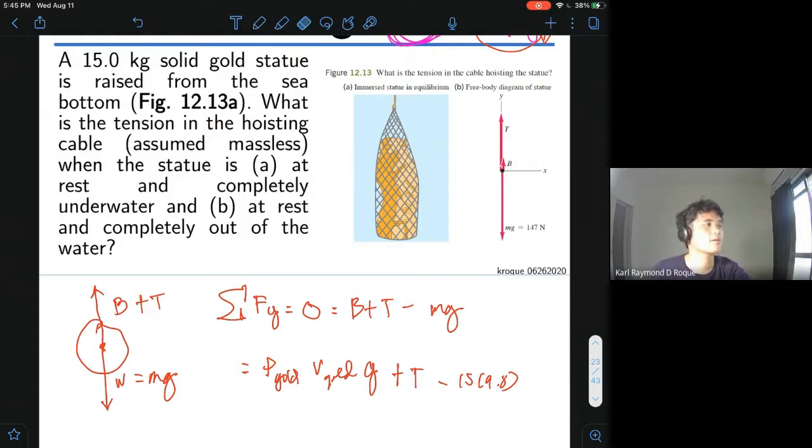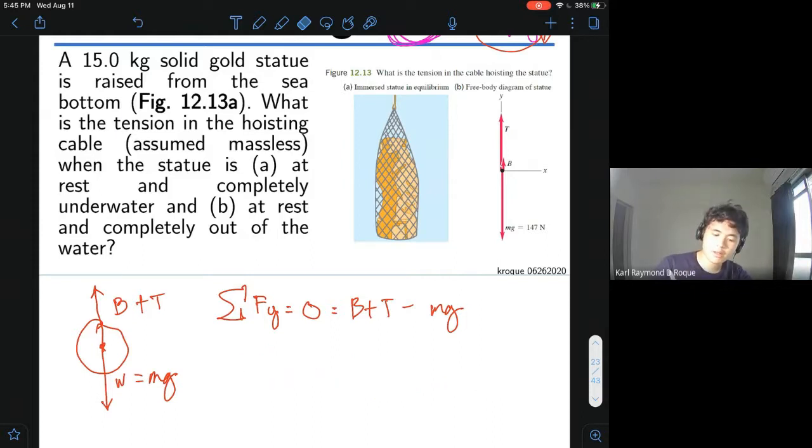Oops, may mali ako. Okay, let's be careful. Buoyant force, rho seawater ba siya? Seawater.